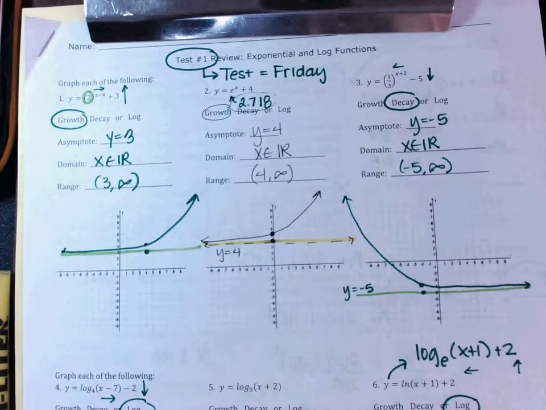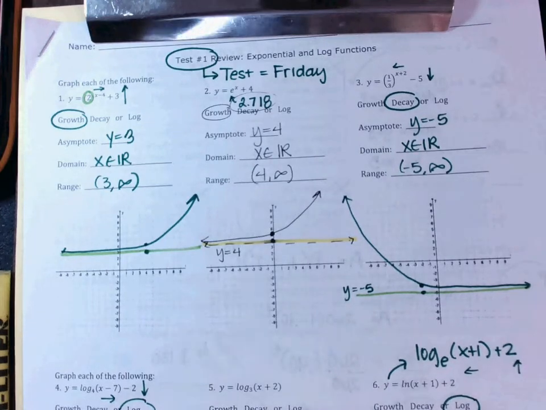A 1/3 is still the same as a cubic root. Remember how here we changed our cubic root to 1/3 in the front. So when you have a cubic root, it's the same as a 1/3 in the front.